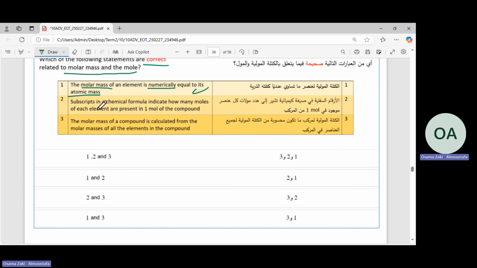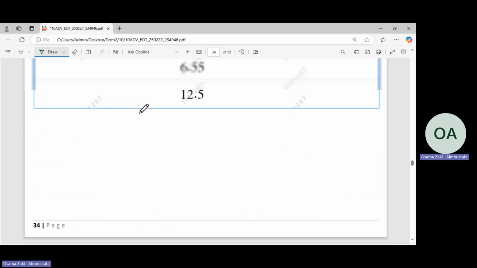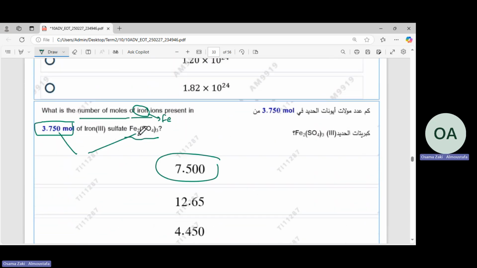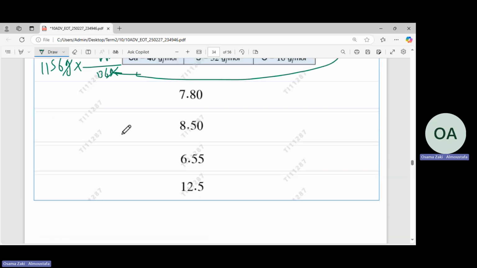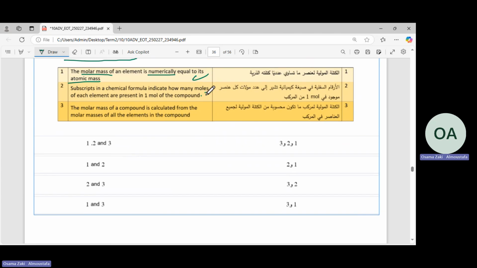Yes, this is correct, because here we have 2 moles of Fe in 1 mole of the compound. But if we have 3.75 moles, we have to multiply by the number of moles. So the subscript indicates how many moles.